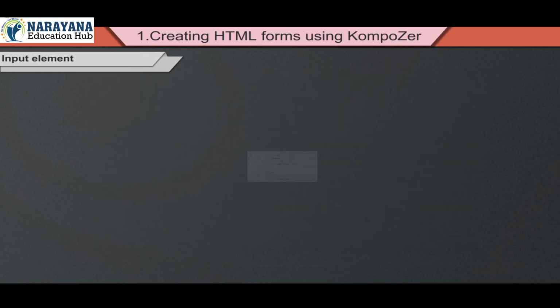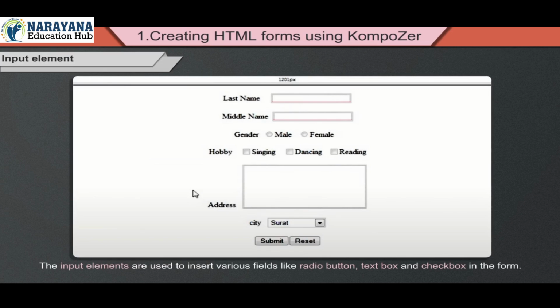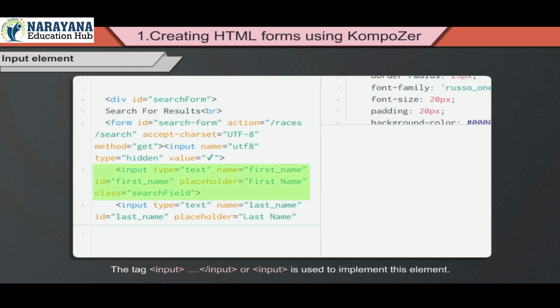Input element. The input elements are used to insert various fields like radio button, text box, and checkbox in the form. The opening input tag and closing input tag, or just the opening input tag, is used to implement this element.